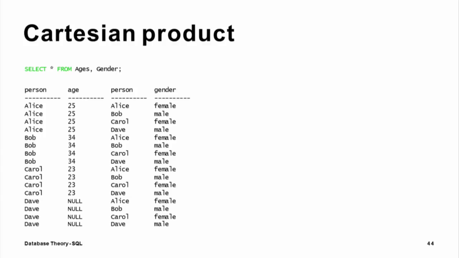So using the Cartesian product on those two tables, ages and gender, produces quite a lot of rows. And then you start to select by checking for where gender is equal to female. And then you will turn up with too many results here. There are too many rows. So something is wrong here. So somehow we need to connect those two tables in the correct order, in the correct fashion here.